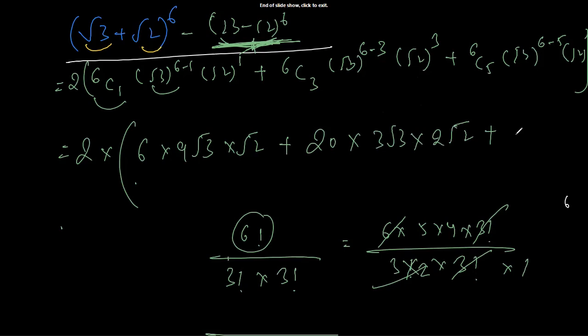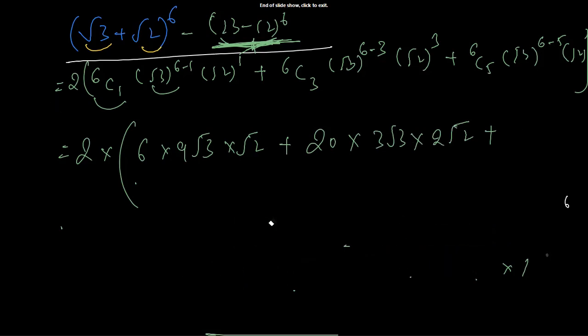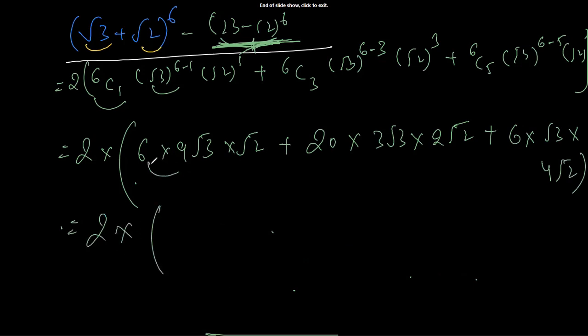6C5 means 6 only. It is 6 times root 3 times root 2 raised to the power 5, which is 4 root 2. Okay. So now you are multiplying 9 times 6, 54, and irrational numbers you are multiplying, so it will be 54 root 6.